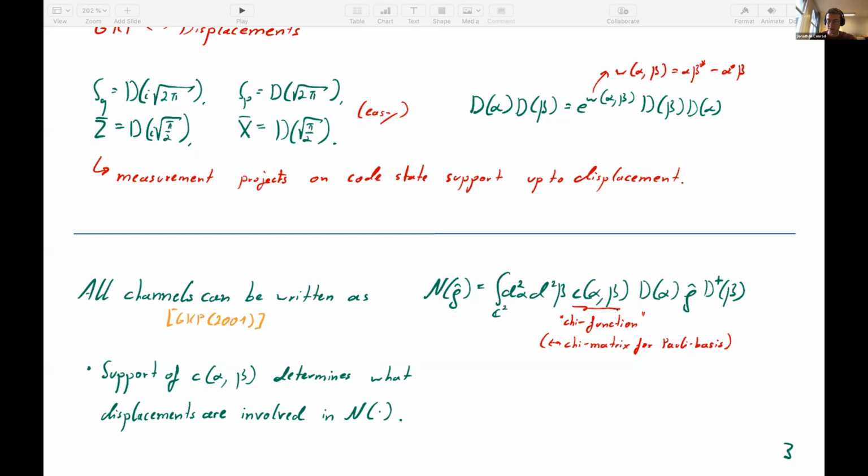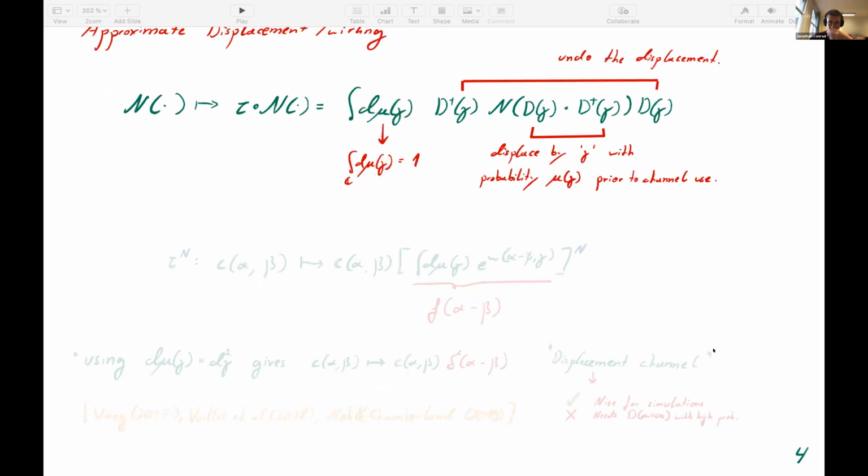This factor will be very useful for us, and I call it the chi function, analogous to the chi matrix when you look at the Pauli basis for qubit channels. Since in GKP what we care about are displacements, the support of this chi function is crucial, as it determines what displacements are involved in certain realizations of channels.